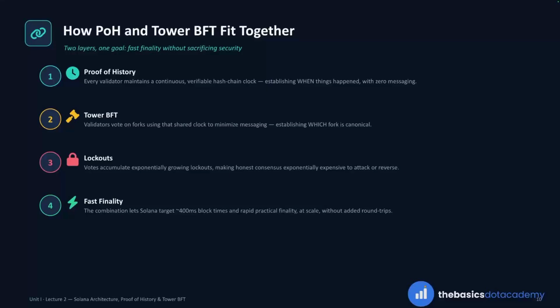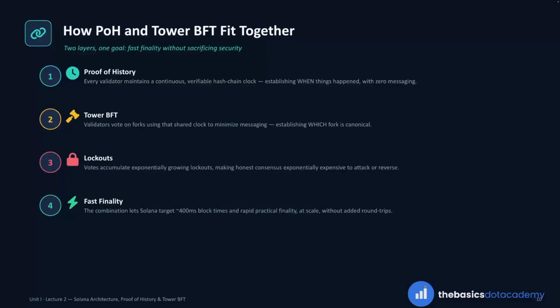In proof of history, every validator maintains a continuous verifiable hash chain clock, establishing when things happened with zero messaging. In Tower BFT, validators vote on forks using that shared clock to minimize messaging, establishing which fork is canonical, or which fork is the longest. Lockouts and votes accumulate exponentially, in turn growing lockouts, making honest consensus exponentially expensive to attack or reverse.